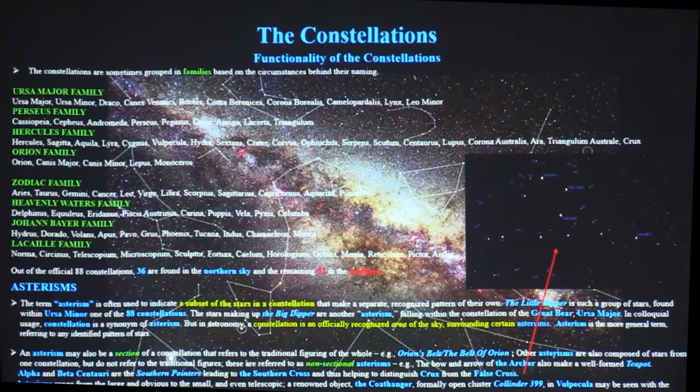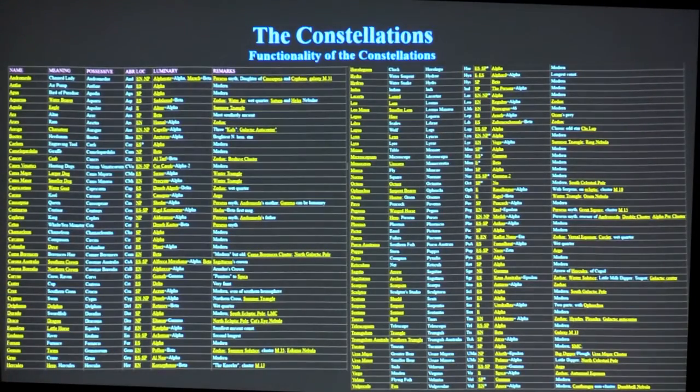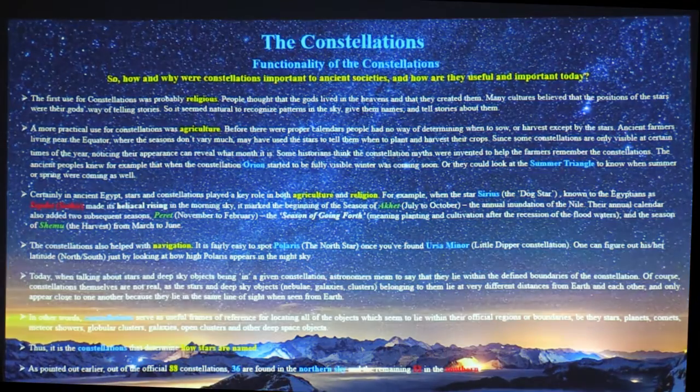Now, you can't read that, I can't either, but that's all 88 constellations. I just had to have them down there with all their names, which is quite interesting. They're the modern ones, the ones we use. So in a nutshell, where do they all come from?